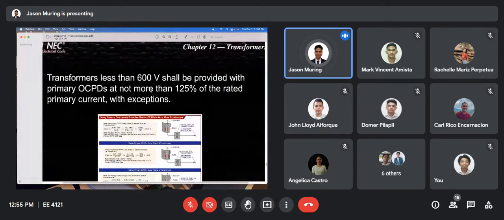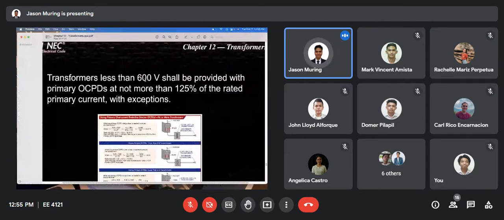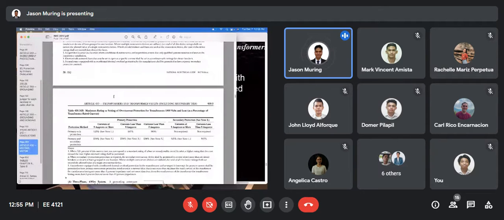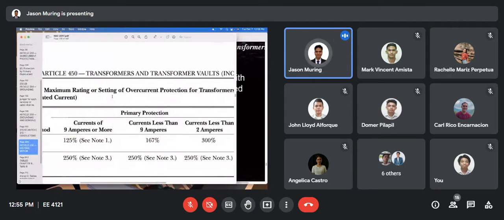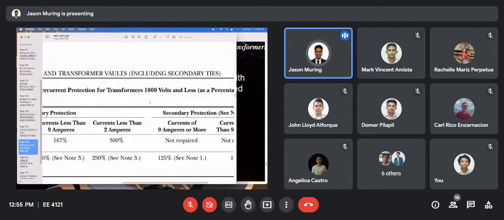Then transformers less than 600 volts shall be provided with primary OCPDs not more than 125%. So probably again this is 1000 volts in this version of the PDF. So we have to use this table 450.3(B), the maximum rating or setting of overcurrent protection for transformers 1000 volts or less.